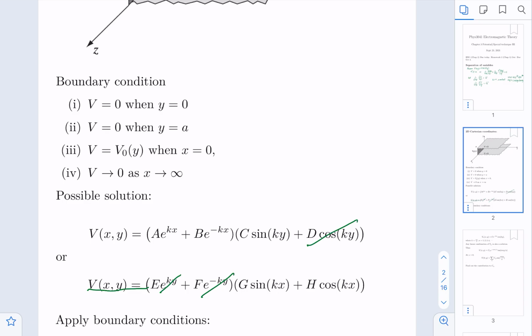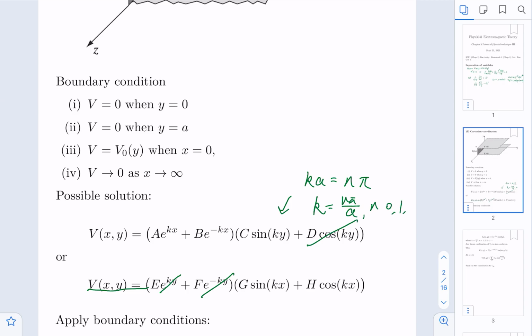Now let's look at when y equals a, where V also needs to be 0. Here the sine must take a 0. This means that ka must be an integer times pi, because sine of n pi is 0, so k should be n pi over a, where n can be any integer.